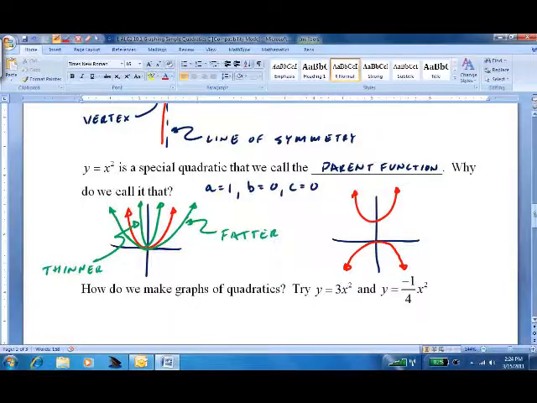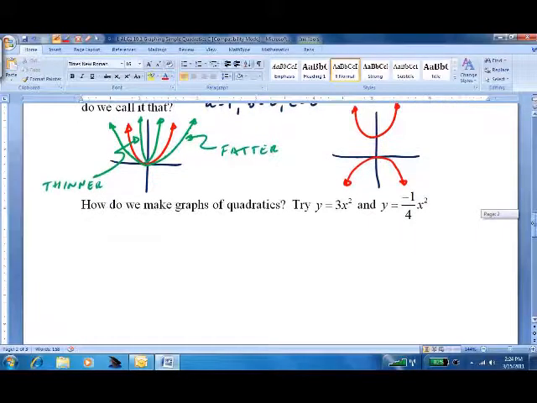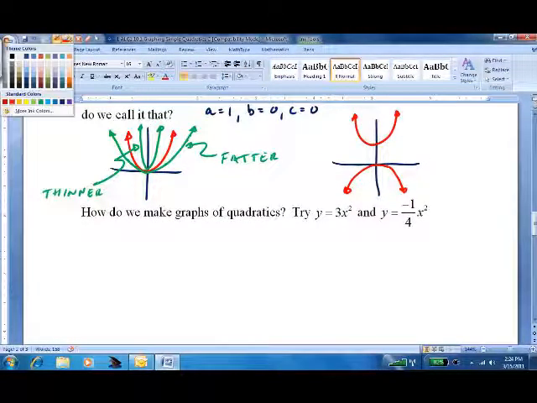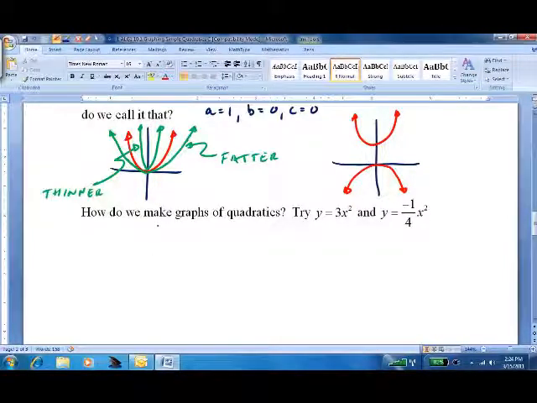I'll show you how to do that. So for you, I would expect you to make a table. We are not going to do that. I'm just going to show you the results. I would expect you to make a table to prove this or put it into a graphing calculator.